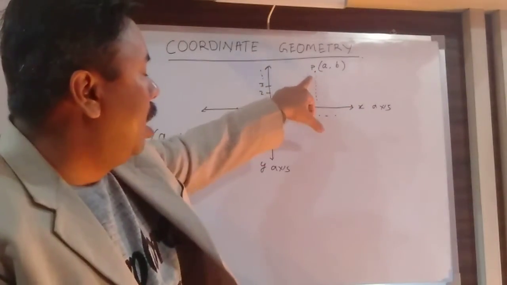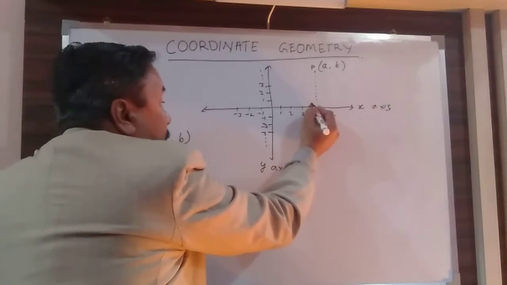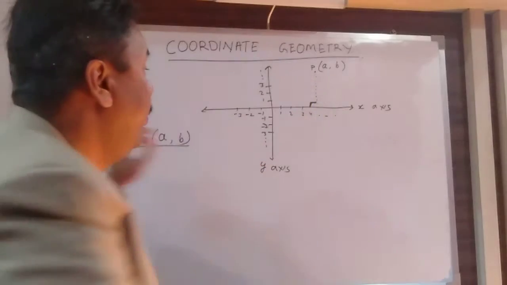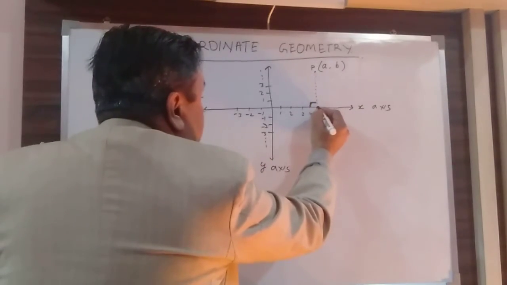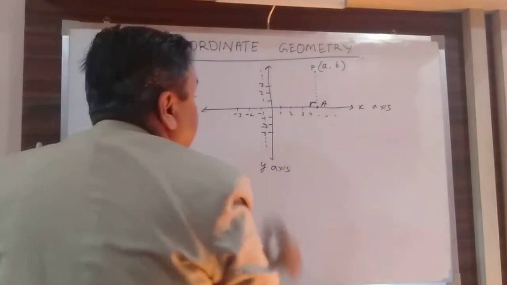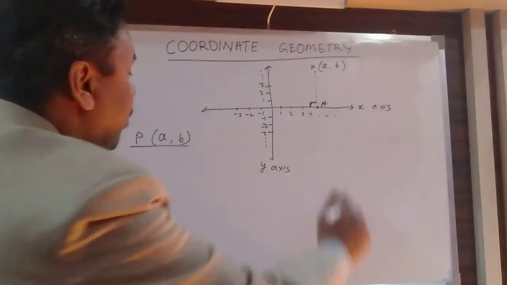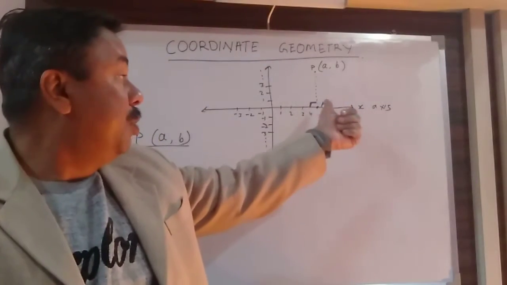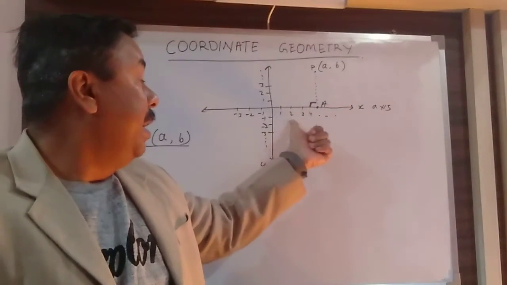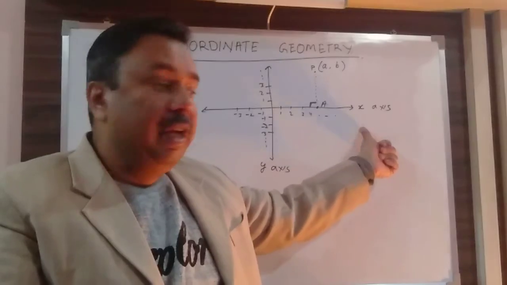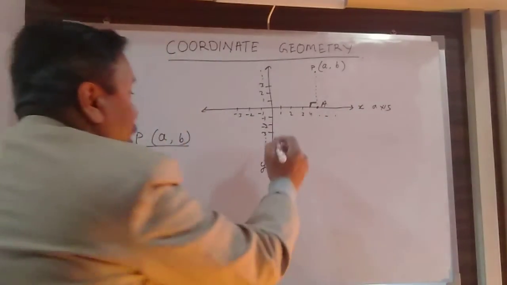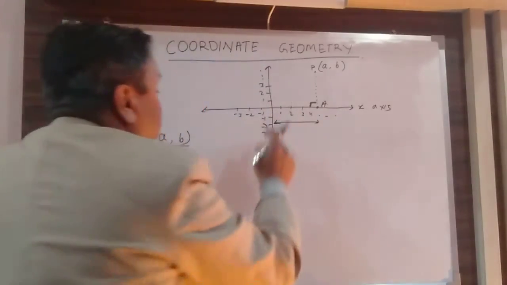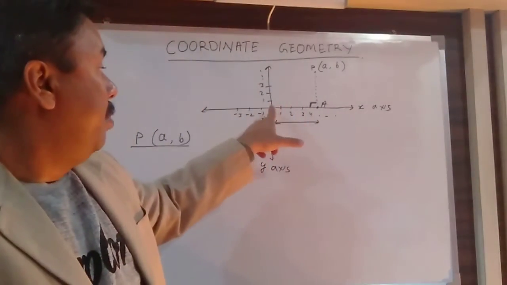If I draw a perpendicular line from P on the x-axis, take the point where it falls as point A. At what point is this point A lying on the x-axis? In other words, what is the distance of this point A from the y-axis?